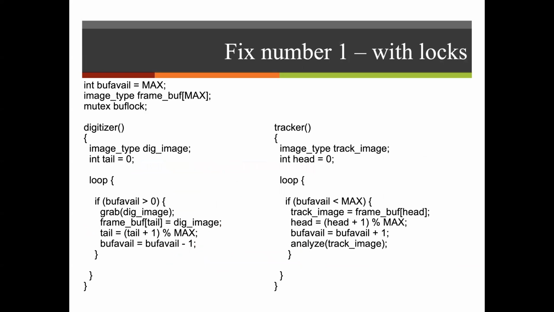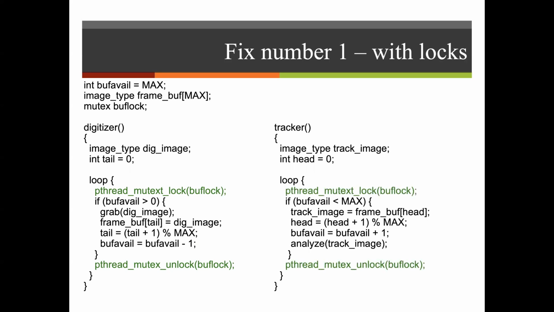So we can use locks to fix the synchronization issue that we previously had. This is done by software inserting lock and unlock for both the digitizer process as well as the tracker process.